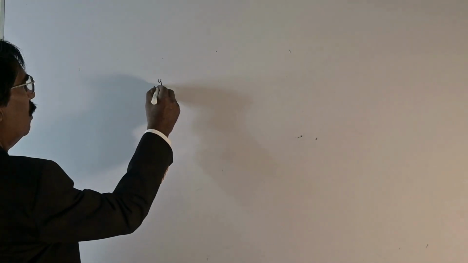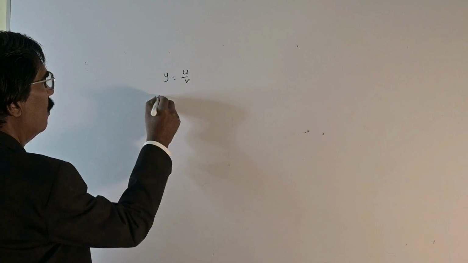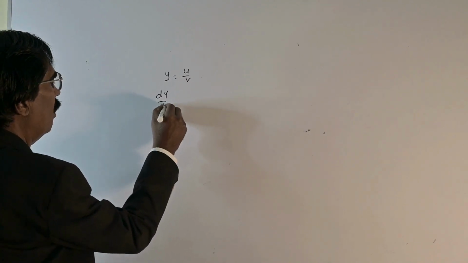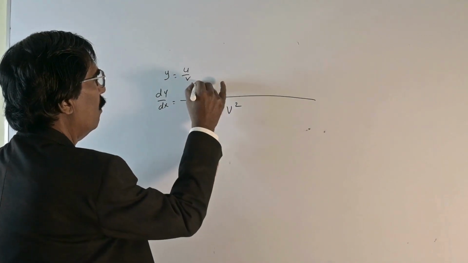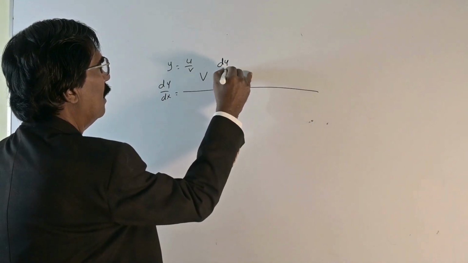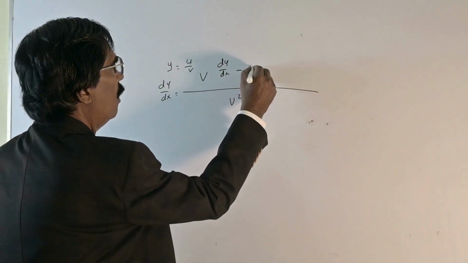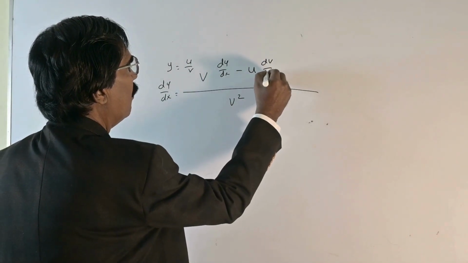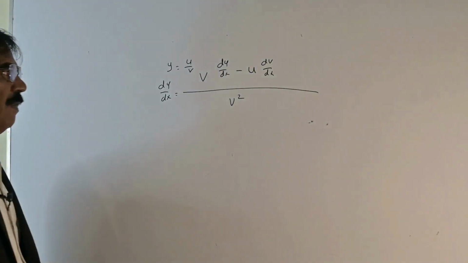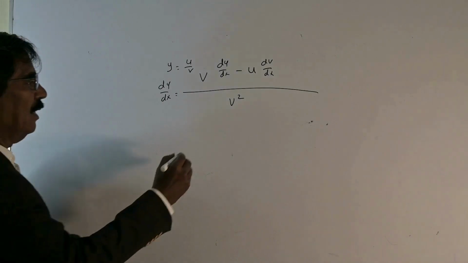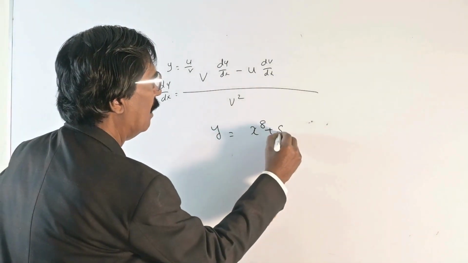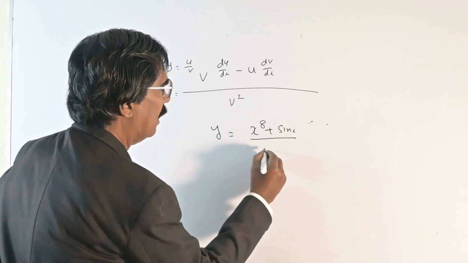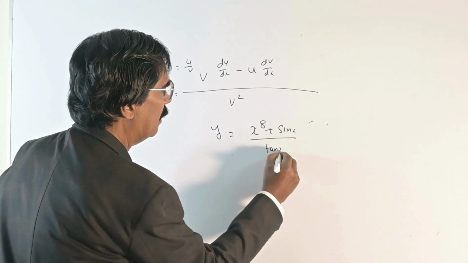The next format is y is equal to u by v. What do we say? dy by dx is 1 by v square, v as it is, differentiate u, minus u as it is, differentiate v: v du by dx minus u into dv by dx. Listen, y is equal to say x power 8 plus sin x divided by some tan x.